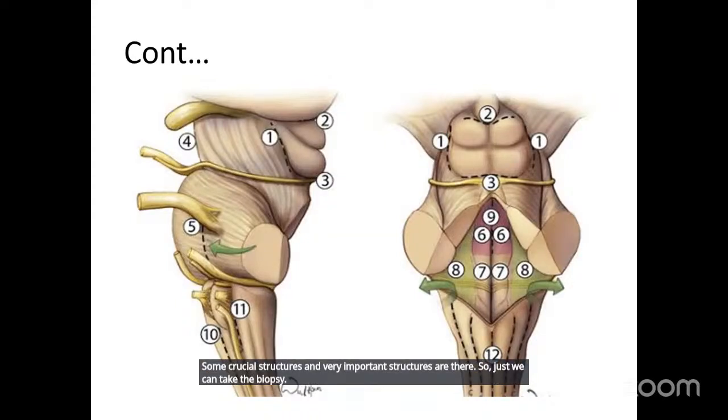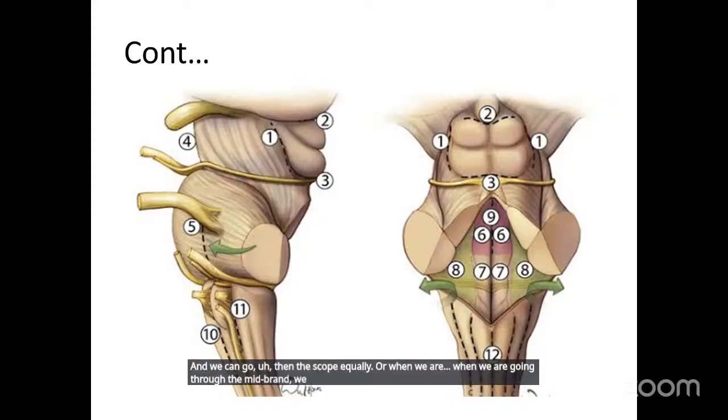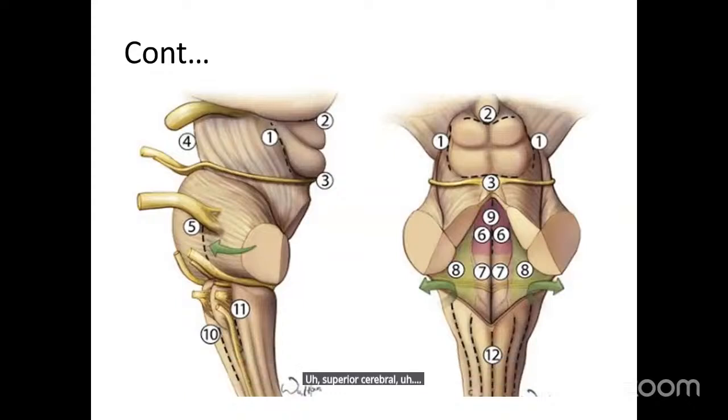And second, when we talk about approaches, we know very well how to go there. It could be the posterior approach, suboccipital midline, the lateral approach, and we can go the retrosigmoid approach, or endoscopically, or when we are going through the midbrain, we can also go through the supracerebellar infratentorial approach to get a biopsy at that site.